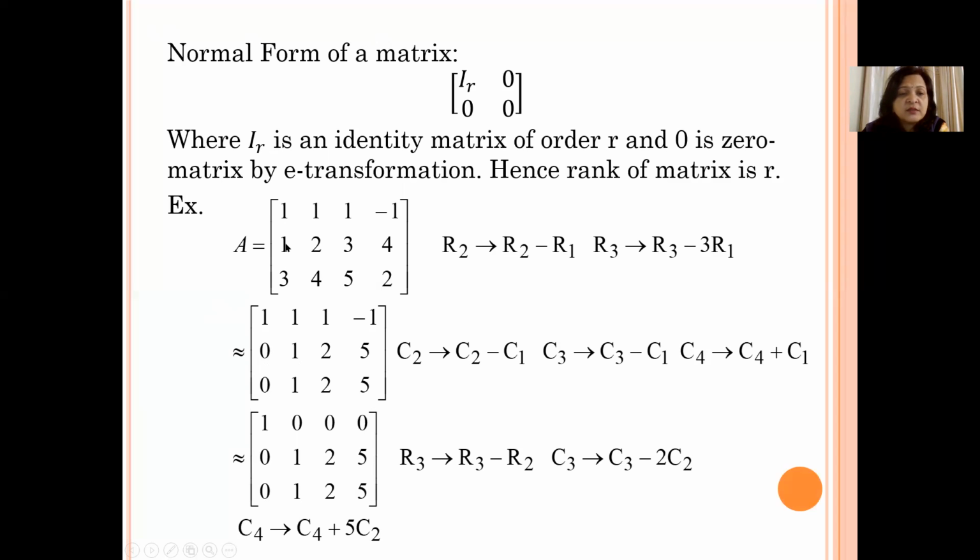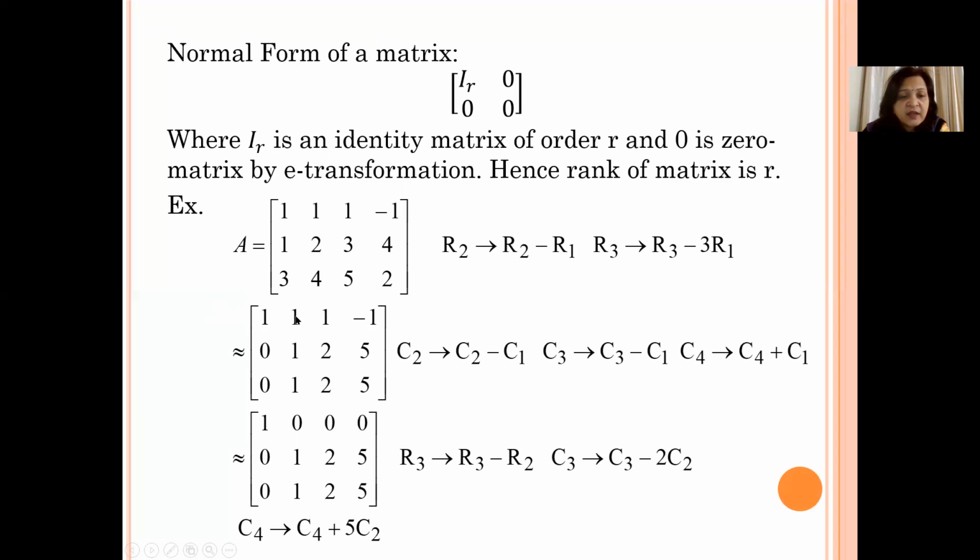To do this, we use the operations R2 minus R1, R3 minus 3R1. And now using this, we can see here that we get 0 at other positions of the first column.